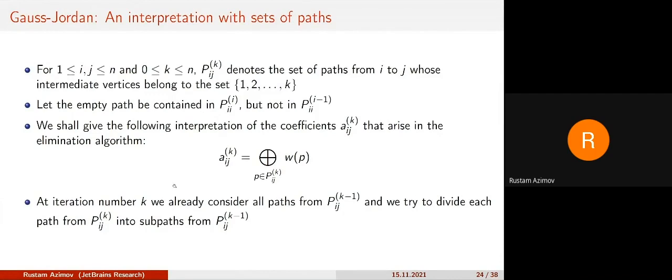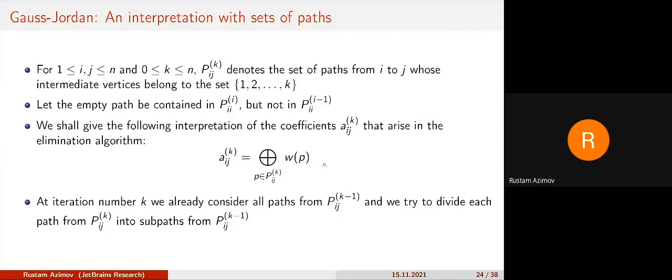We use the elimination algorithm, and on each iteration we consider only paths from such a set with iteration number k.